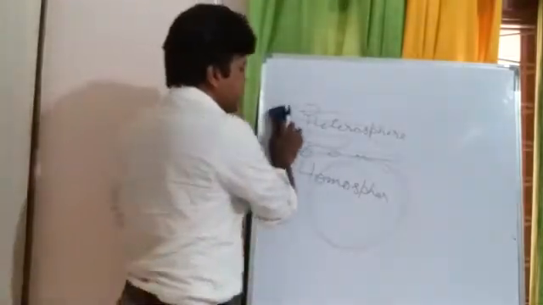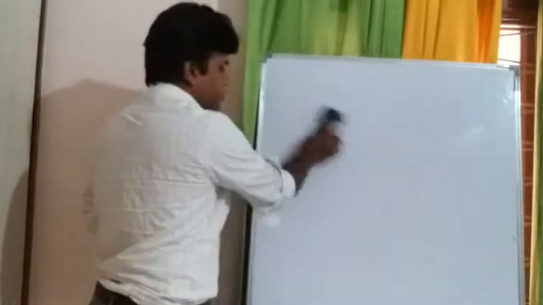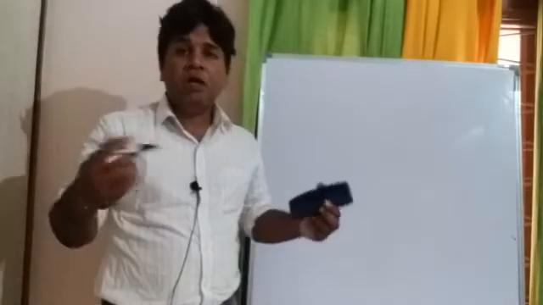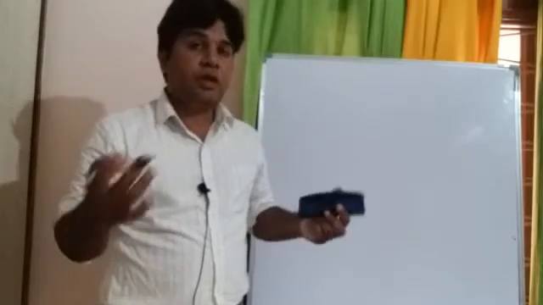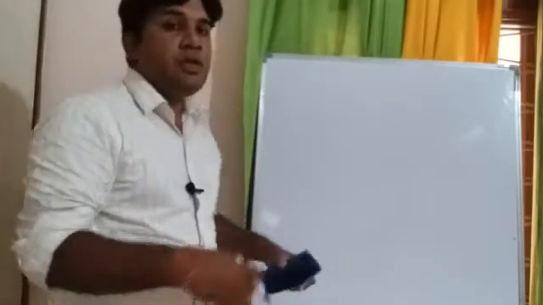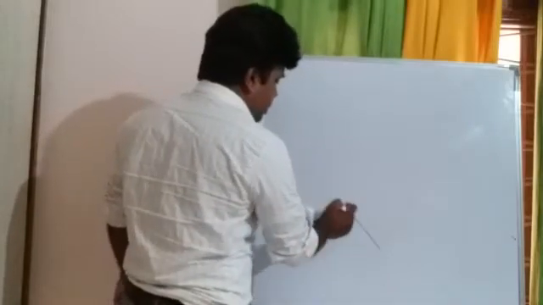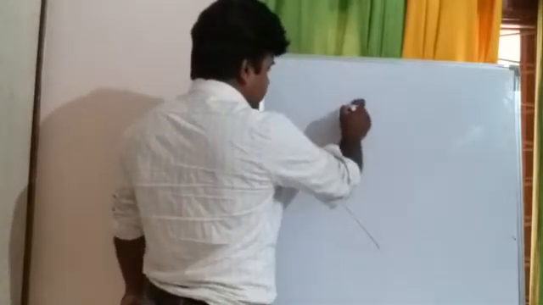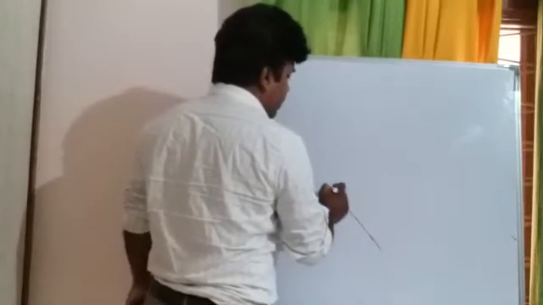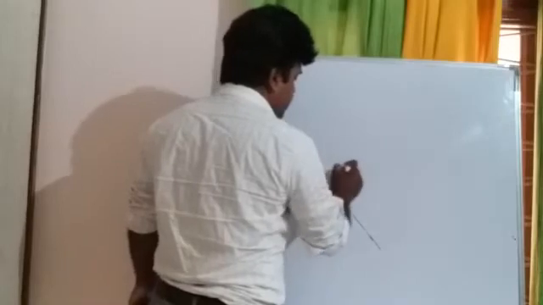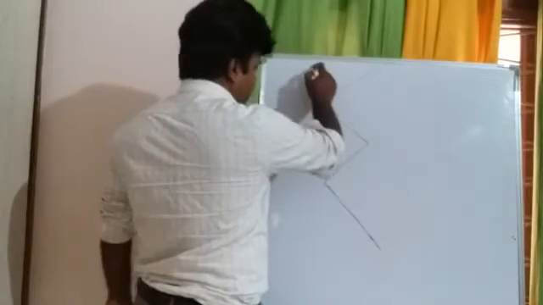When we change our criteria, and classify the same atmosphere on the basis of how exactly with height the temperature keeps increasing or decreasing, then you have a different classification. Then you have troposphere, then stratosphere, then mesosphere, then thermosphere.